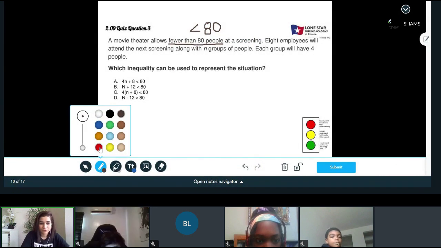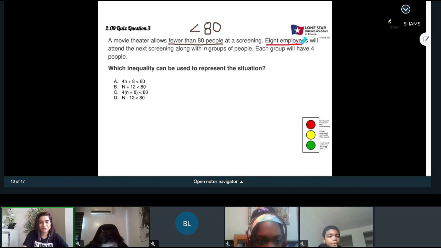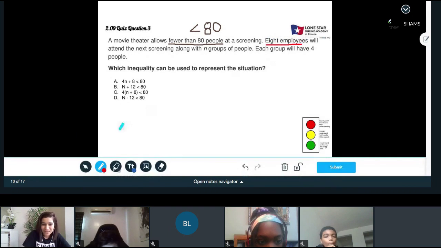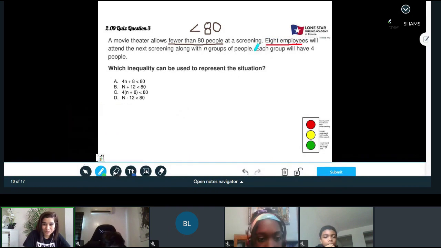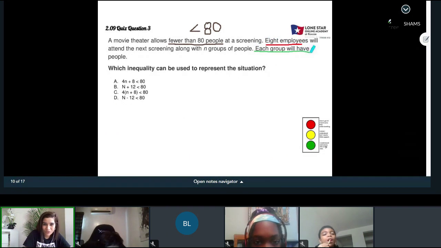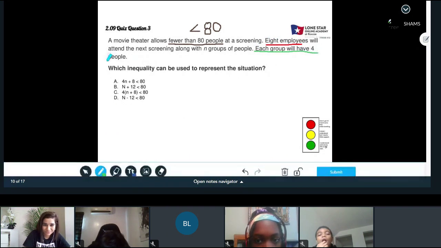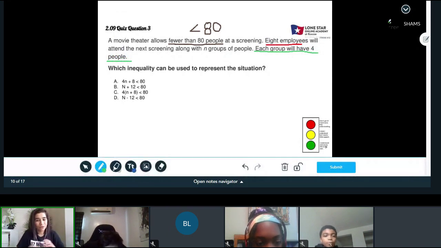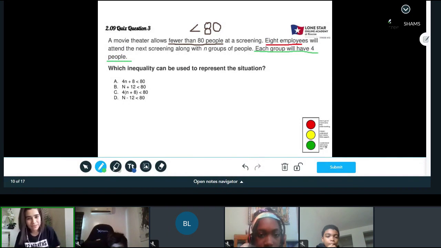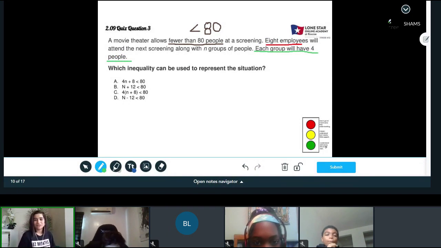There is this fixed number of employees. There are 8 such employees who will attend along with the other audience. Then they're also talking about each group will have 4 people. Go ahead, see which inequality best describes this scenario. Remember, inequality is a math sentence. At this time, you have it written in English, like in sentences, and inequality is a math way to say it.